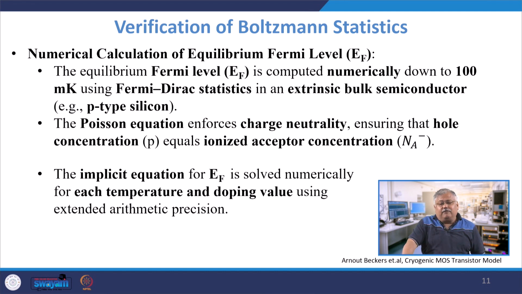What I mean by equilibrium Fermi level is that when there is a dopant species and you connect, say, a p-type material with an n-type material, right, the electrons from a region of higher concentration will flow to a region of lower concentration, and as a result there will be a depletion region that just happens in a p-n junction diode, correct.